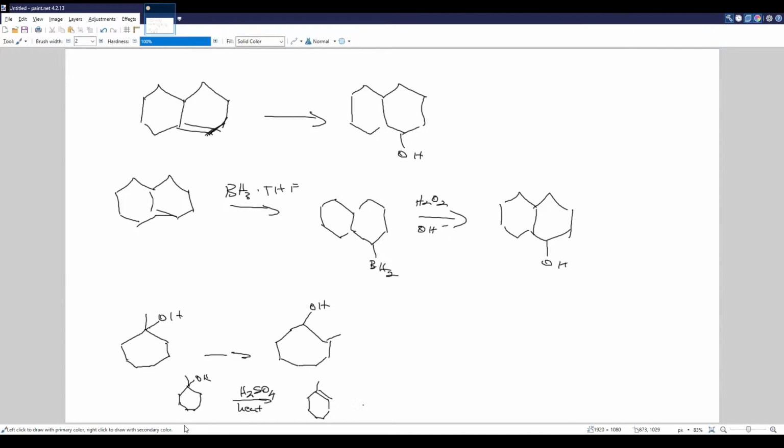This. And then it's anti-Markovnikov, so you do the hydroboration, oxidation. And then we get this thing. Yay! Did we get it right?